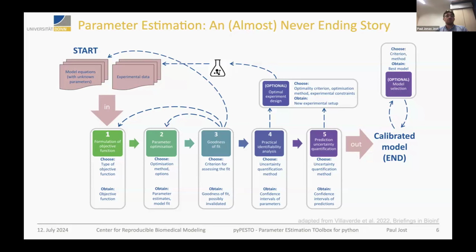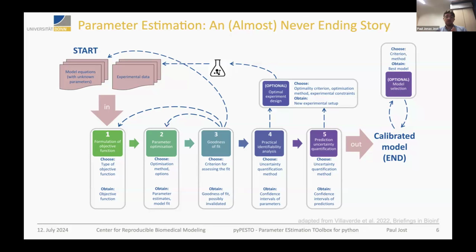And this is where the first choice you have to make comes in as well. You have to choose the optimizer. There's a multitude of options for the optimizers. You can choose local optimizers, global optimizers, stochastic optimizers, all of them. And each optimizer has meta parameters, again, some kind of options that you also can fine tune.